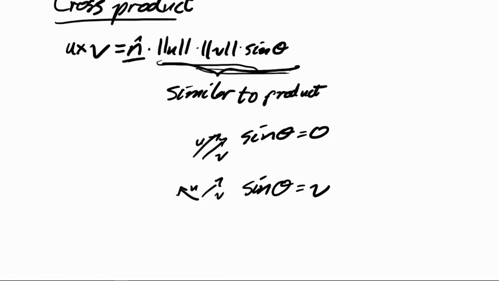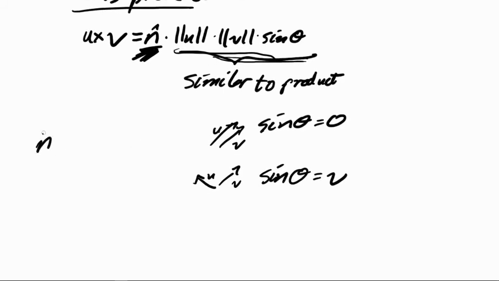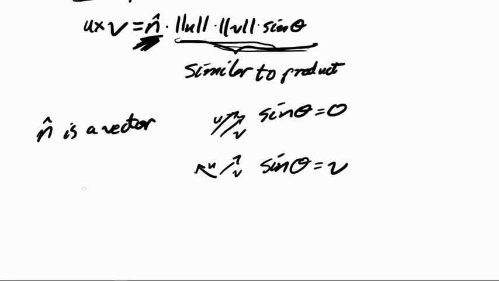But then there's still this bit here, n hat. So n hat is a vector, which means the cross product gives you a vector, which is different to the dot product, which gives you just a number. And n hat is perpendicular to both u and v.